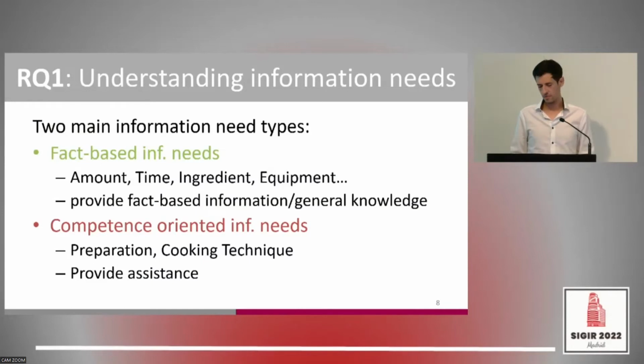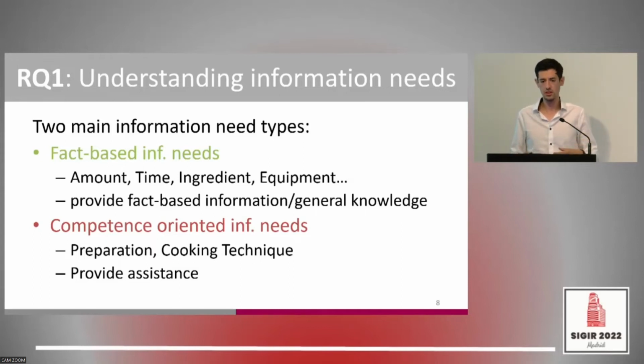If we take a step back from that huge taxonomy, I was trying to figure out some patterns in these information needs, and I could identify two main information need types in the end: fact-based needs and competence-oriented needs. The main difference is that for fact-based needs, it was enough for me as an assistant to simply provide fact-based information, like when I have an amount question, how much flour do I need?